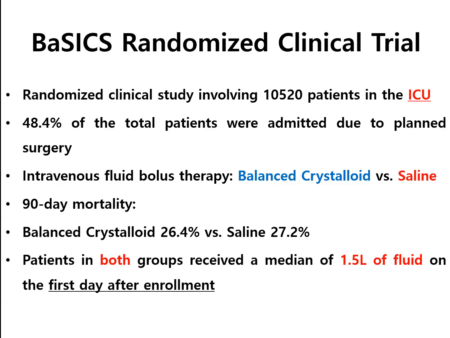The BASICS trial is a study comparing balanced crystalloid to saline as fluid bolus therapy in ICU patients. Both groups received a relatively small bolus of fluid on the first day after enrollment, approximately 1.5 liters.